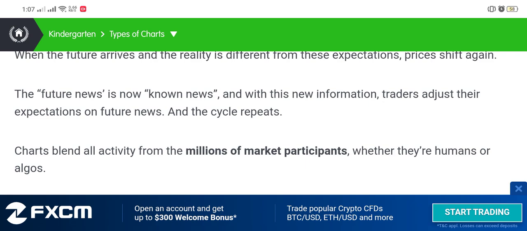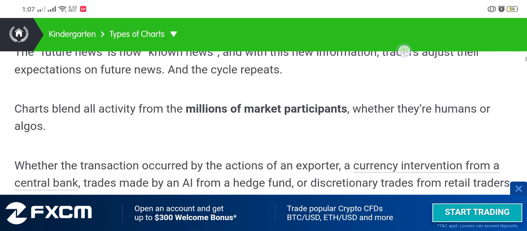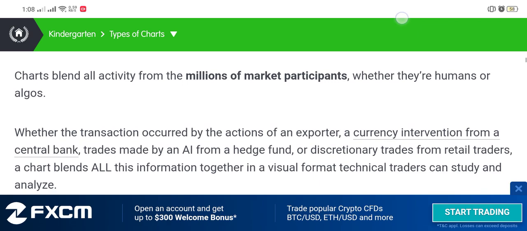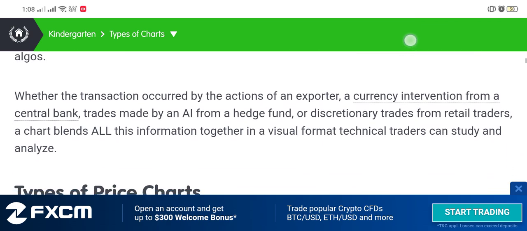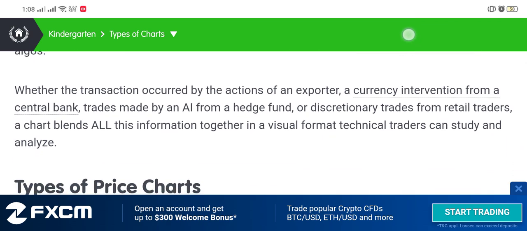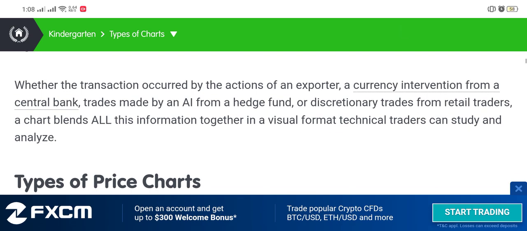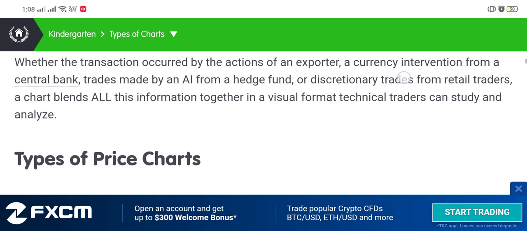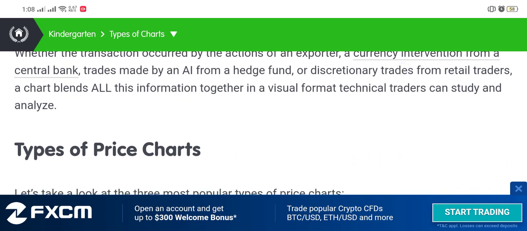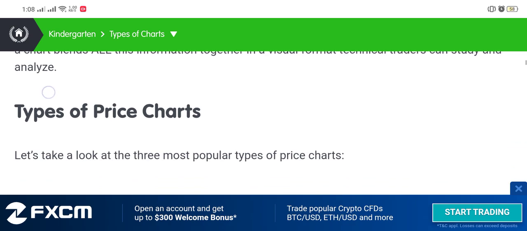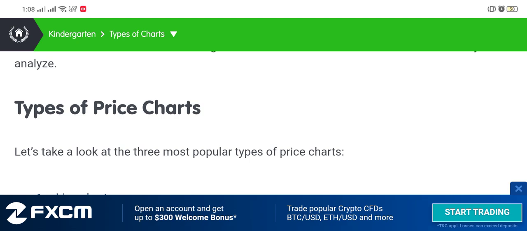Charts bundle the activity of millions of market participants, whether they are human or algorithmic, whether the transaction occurred by an exporter, a currency intervention from a central bank, trades made by AI from a hedge fund, or discretionary trades from retail traders.